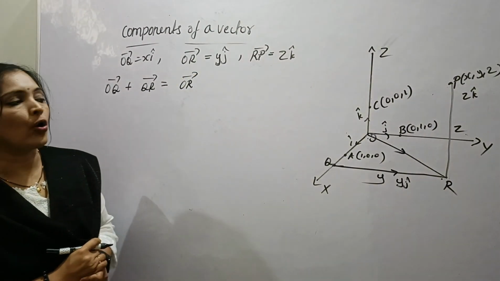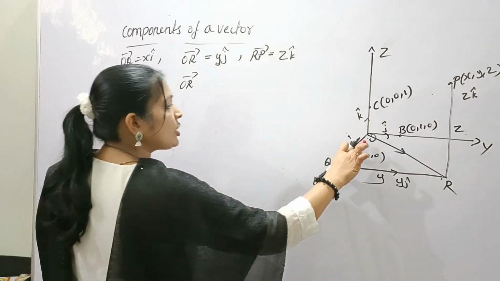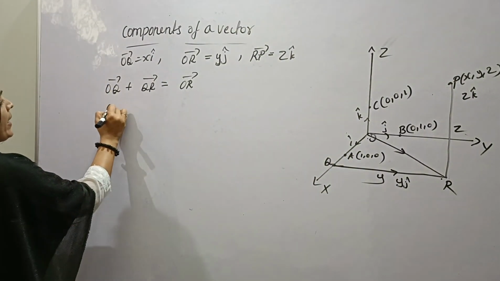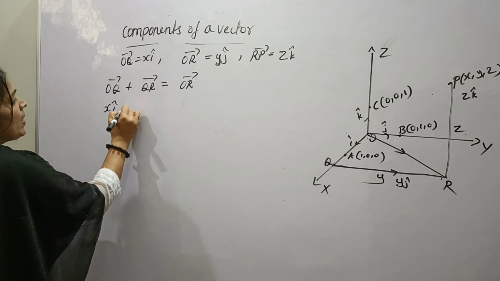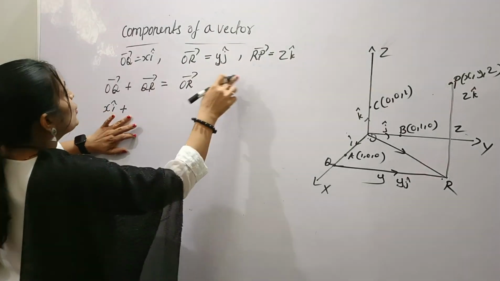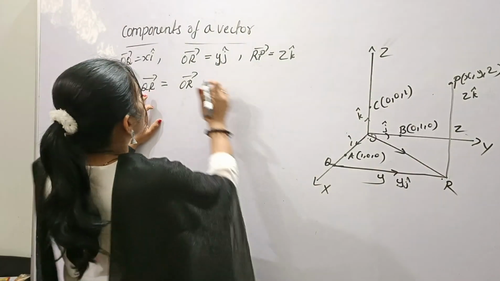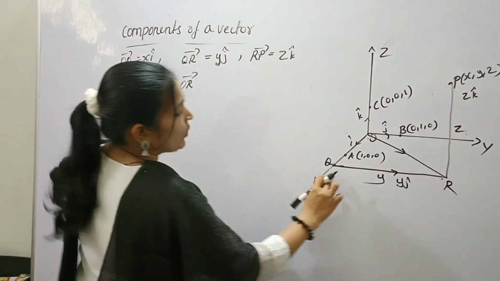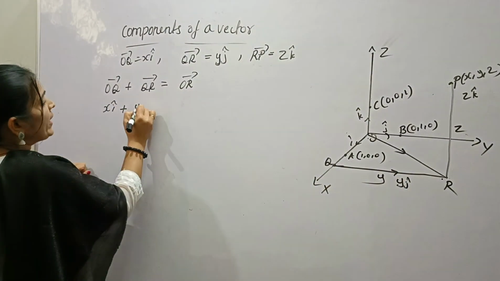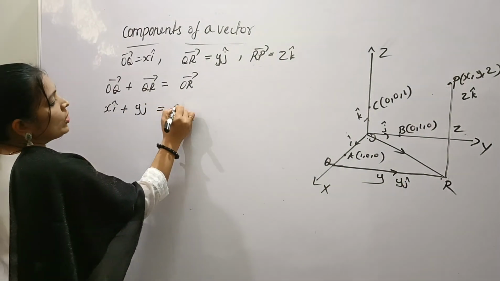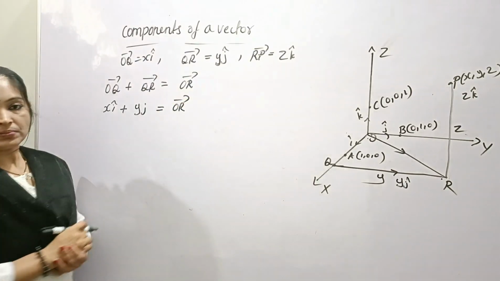What is vector OQ? That is x i, plus vector QR, which is y j, equal to vector OR.